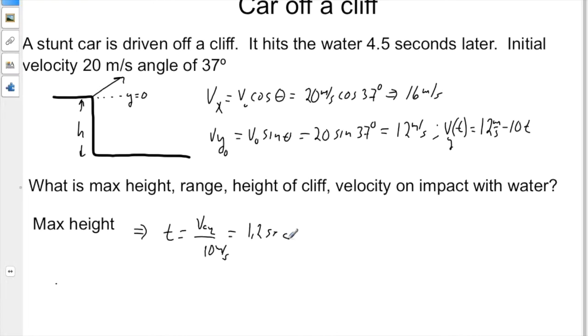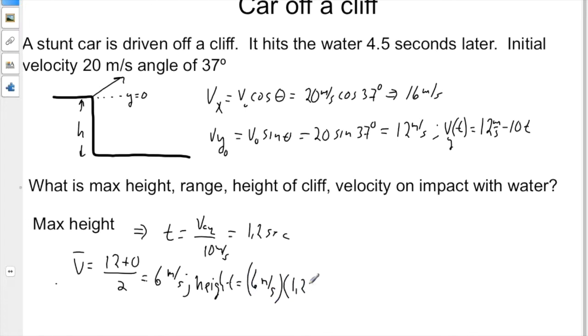The average velocity is 12 plus 0 divided by 2, 6 meters per second. So the height is the average velocity, 6 meters per second, multiplied by time, 1.2 seconds, which gives me 7.2 meters.